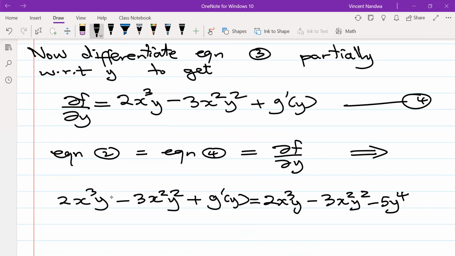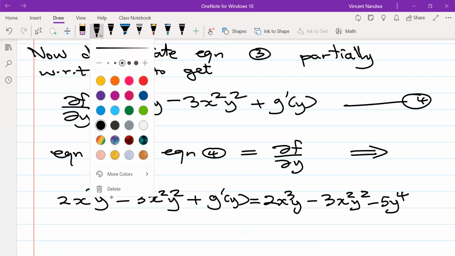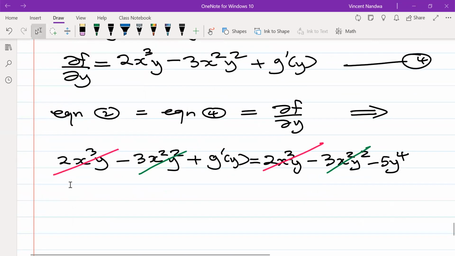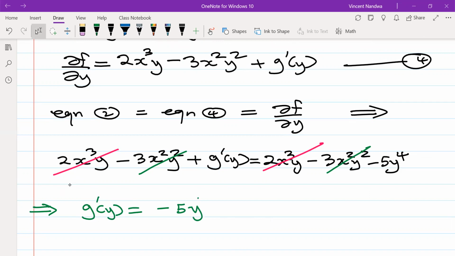That is what we have in equation 2. Now this equation reduces to, this term and this term cancel out, this term and this term cancel out, which means we'll have g prime of y equals -5y^4.